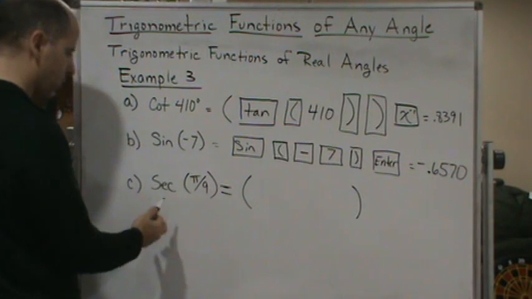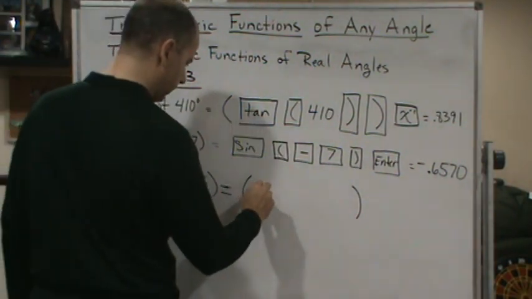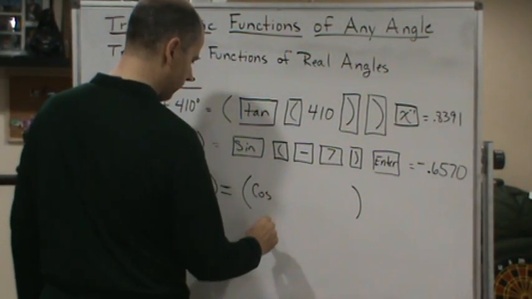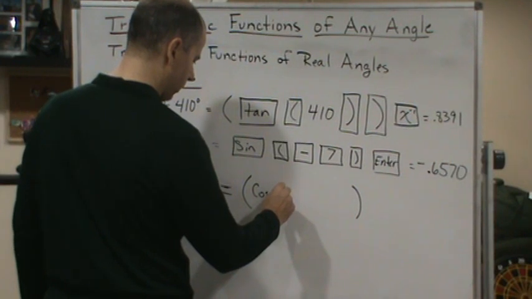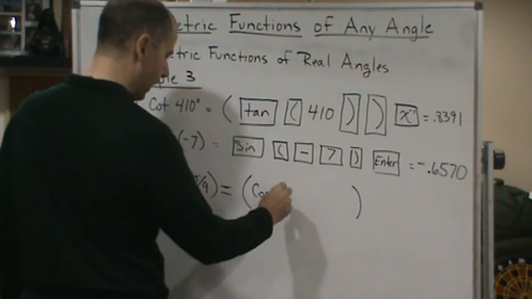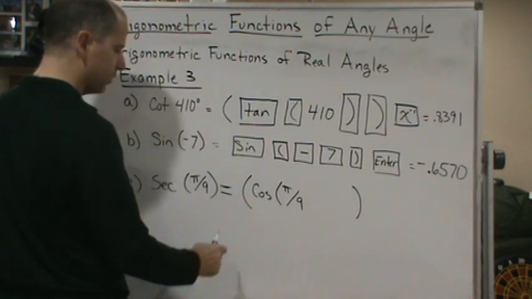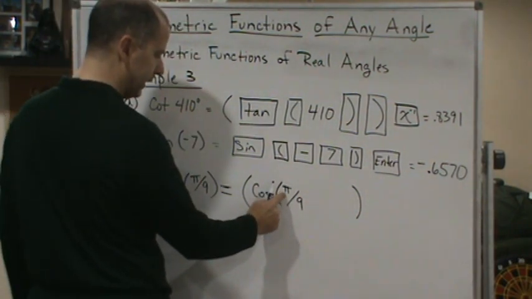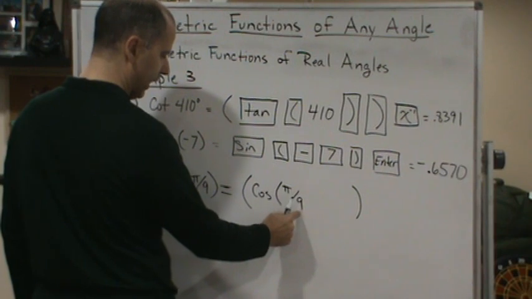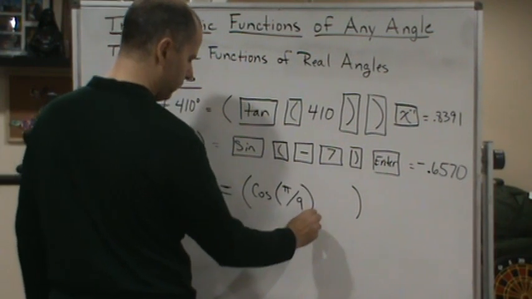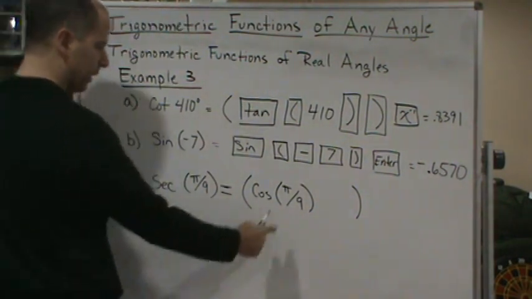I'm going to use cosine of pi over 9. So you put the pi key, the division key, and then the 9 key, and then you end the parenthesis.